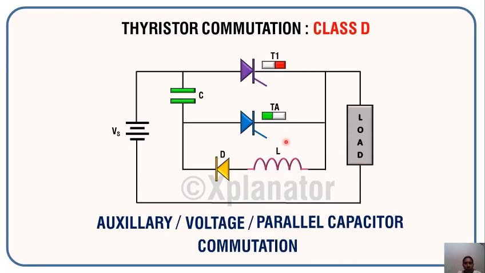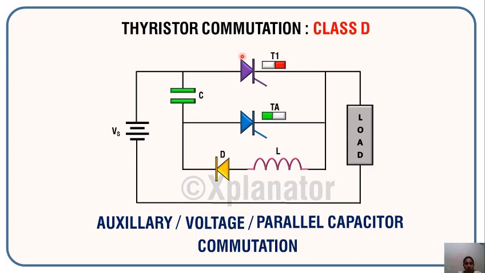Initially we assume that both the thyristors are in off condition, and that this capacitor is charged to the maximum voltage with the upper plate positive and lower plate negative. This is the assumption: the capacitor is fully charged with plus and minus.